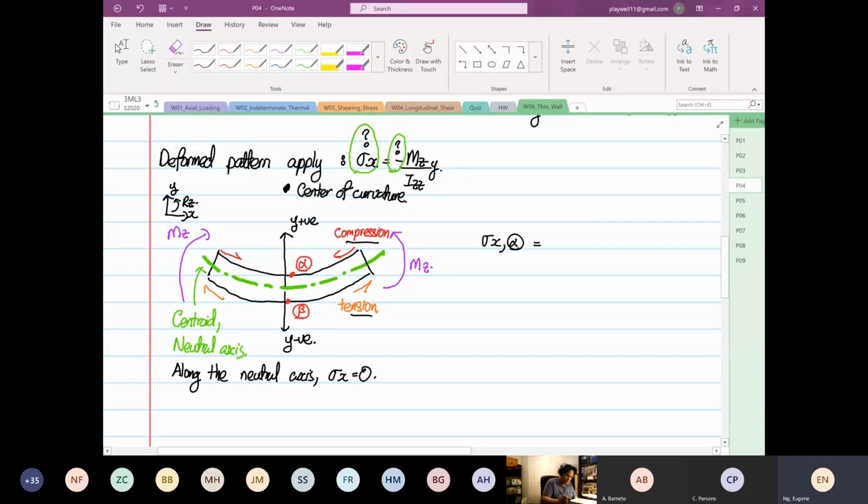Now y is positive. Yes or no? Divide by what? Izz. So minus times plus is still minus, so it's minus Mz over Izz multiplied by y, and we know point alpha is under what? Compression.